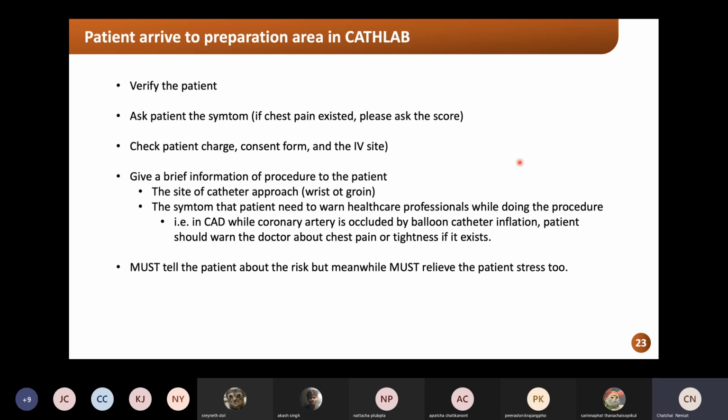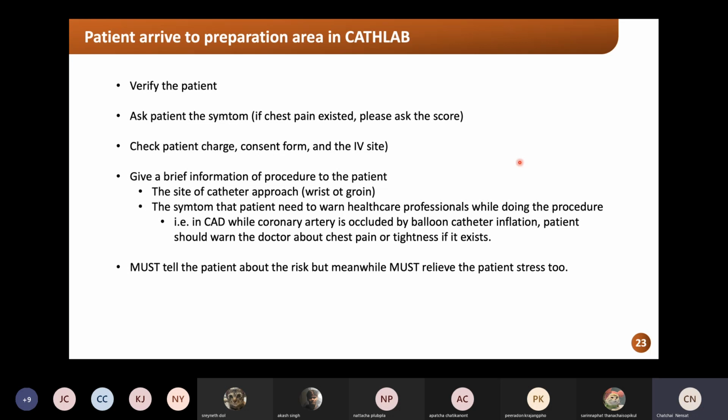A 10 on the pain score is really a lot of pain, and 0 is no pain, 1 is less pain, something like that. You have to mark the pain score on the chart as well, if the patient tells you he or she has chest pain.